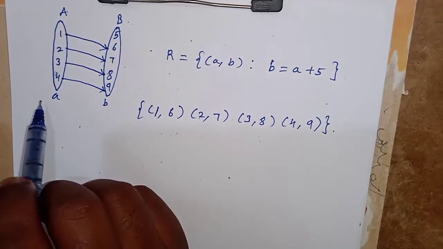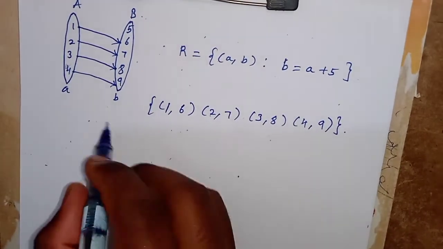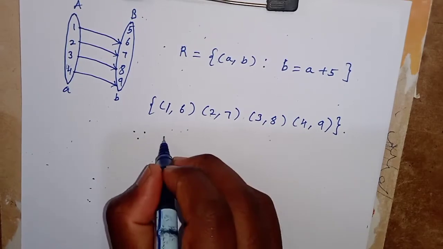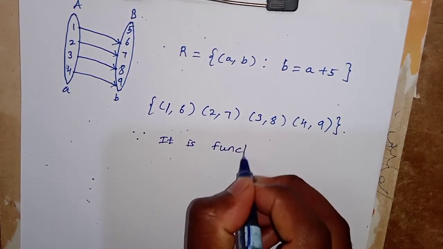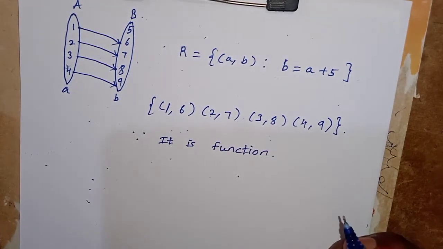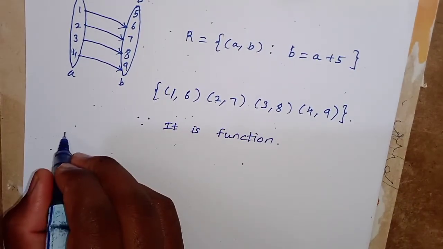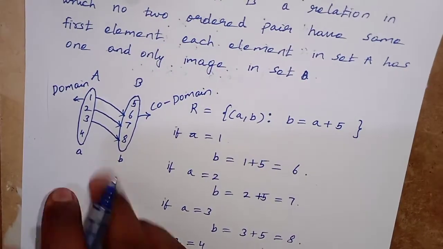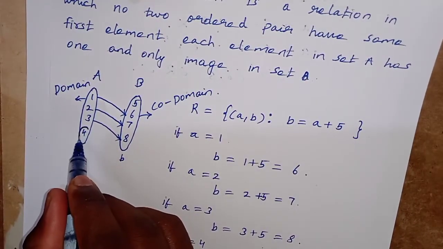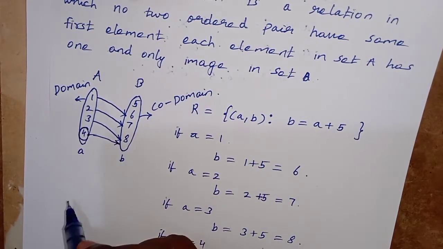Therefore here it is a function. If the condition fails, here 4 is not filled, 9 is not there.